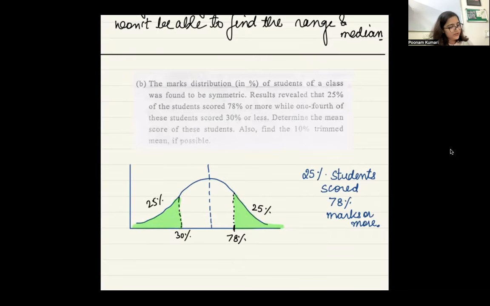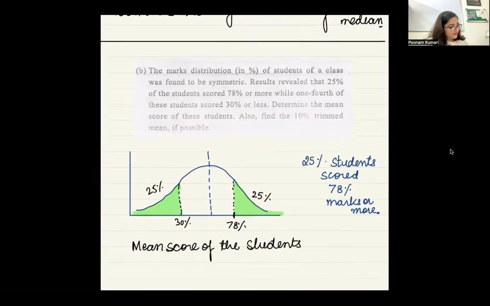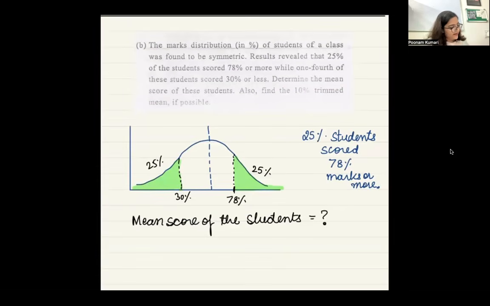Now the question is, you have to determine the mean score of these students. So you have to find the mean value. And also the next question is, you have to find the 10% trimmed mean if possible.